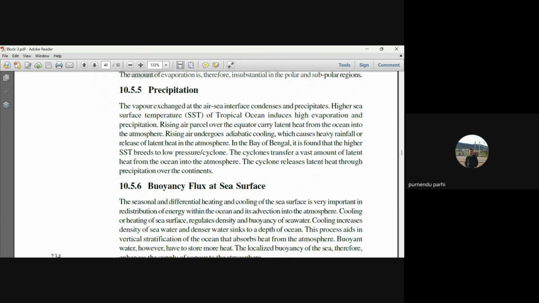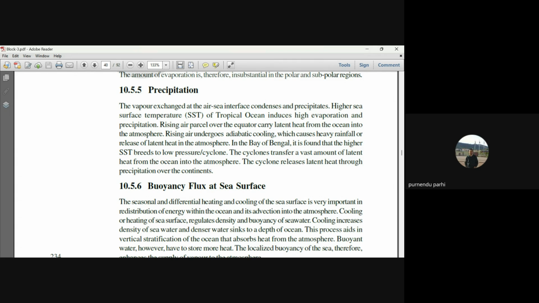Precipitation. The vapor exchanged at the air-sea interface condenses and precipitates. Higher sea surface temperature of tropical oceans induces high evaporation and precipitation. Rising air parcels over the equator carry latent heat from the ocean into the atmosphere. Rising air undergoes adiabatic cooling, which causes heavy rainfall or release of latent heat in the atmosphere.